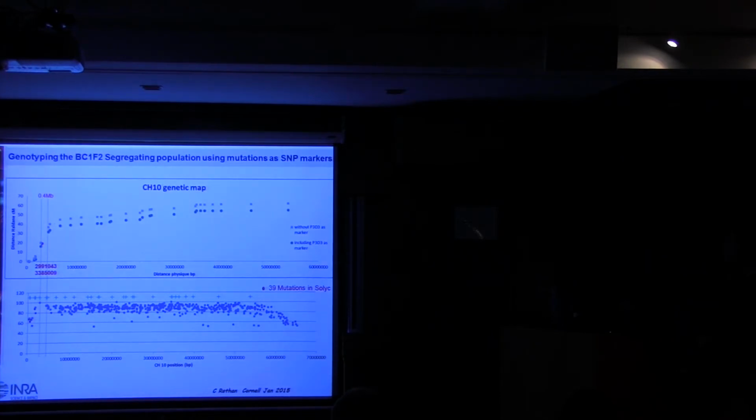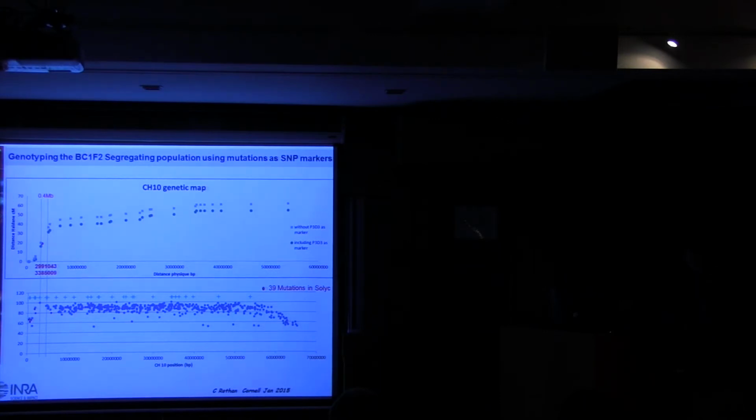And what we found actually is that this mutation was not close to the centromeric region, but it was in a recombinant region, which was nice. But we didn't identify it, and we did this using markers, doing analysis of recombinants and so on. We didn't identify any causal mutation in this region.